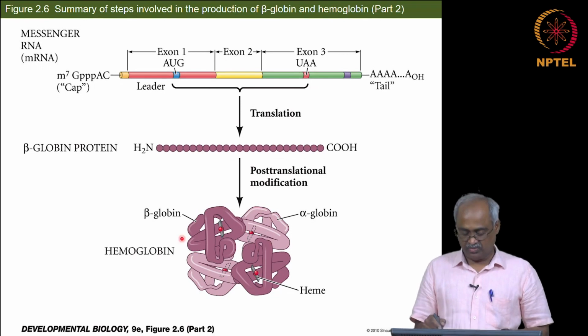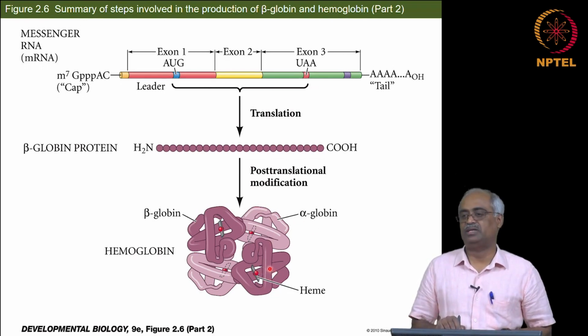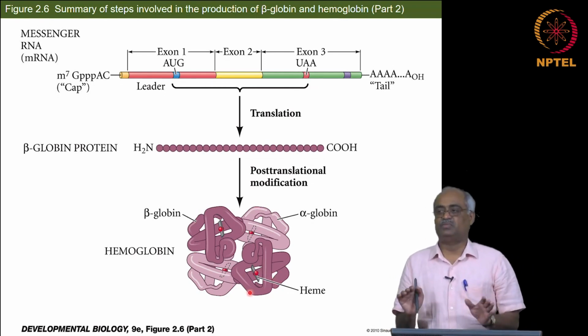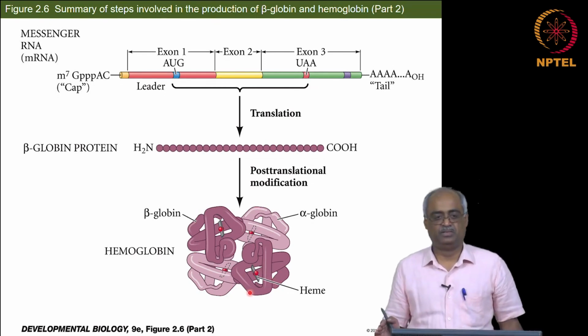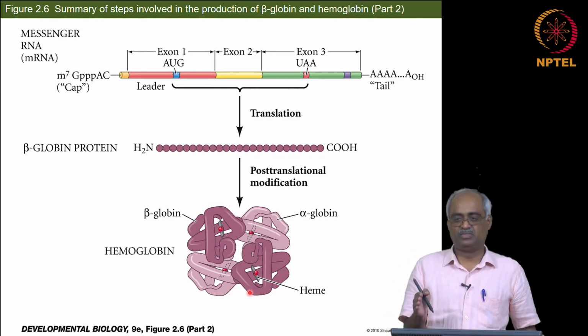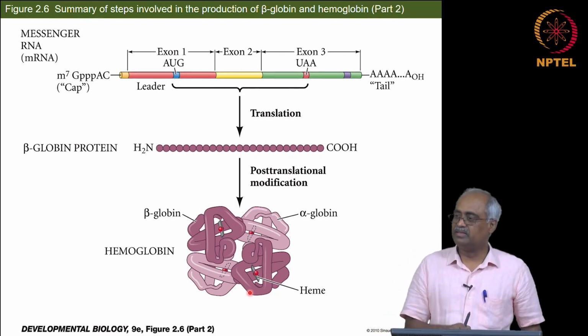So beta globin, alpha globin, 2 each come together to make the functional molecule. So all these steps put together is what you call as gene expression. Okay. So do not assume only transcription is gene expression and this is something like protein level. The whole thing is gene expression.